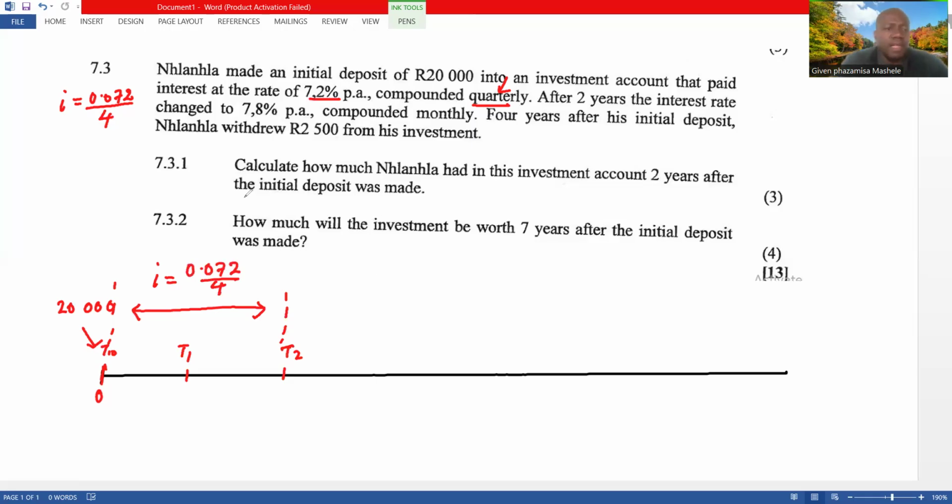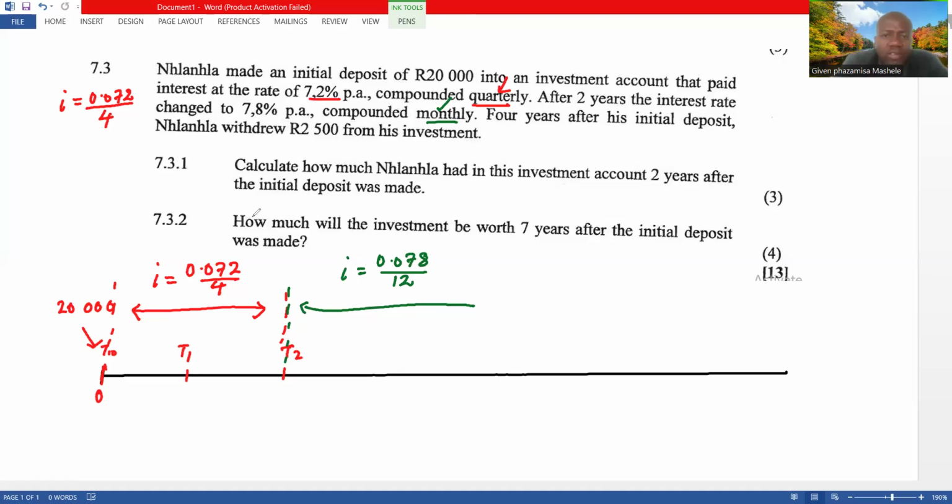Then they said after 2 years the interest rate changed to 7.8%, which is 7.8 over 100, which is 0.078, compounded monthly, which means we divide the interest by 12. Dividing the interest by 12 means we multiply the number of years by 12 so that we change the years into months. Like here, we divide the interest rate by 4, we change the years into quarters.